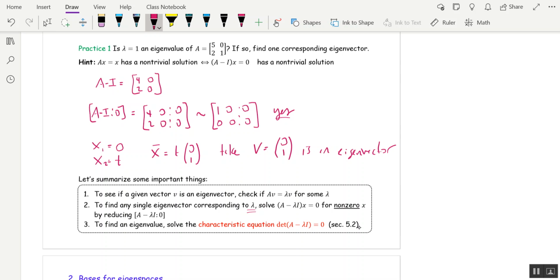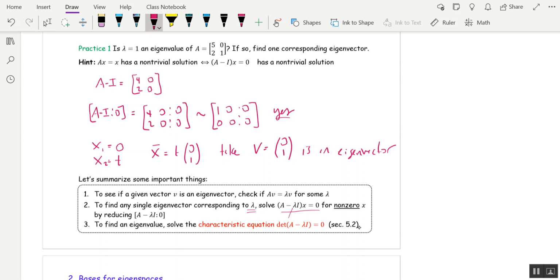And finally, this we'll talk about more in the next section, but how do you find eigenvalues? The lambdas were given to us in the examples above, but what if I gave you a matrix and said, find the eigenvalues? Well, the eigenvectors are the non-zero x's for which this has a solution.